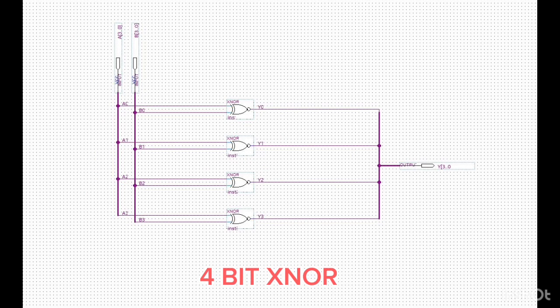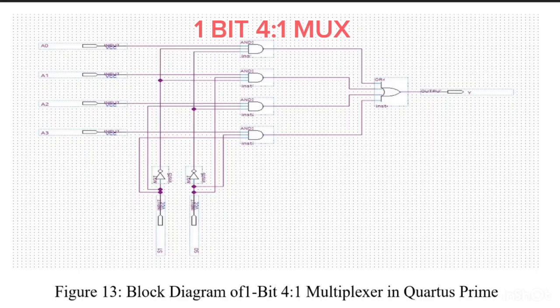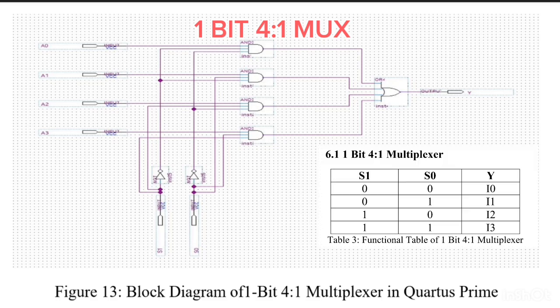The XNOR operation is just the complement of XOR, and it produces a logic high output when the input bits are identical. The outputs of XOR and XNOR are going to be connected to the multiplexer.